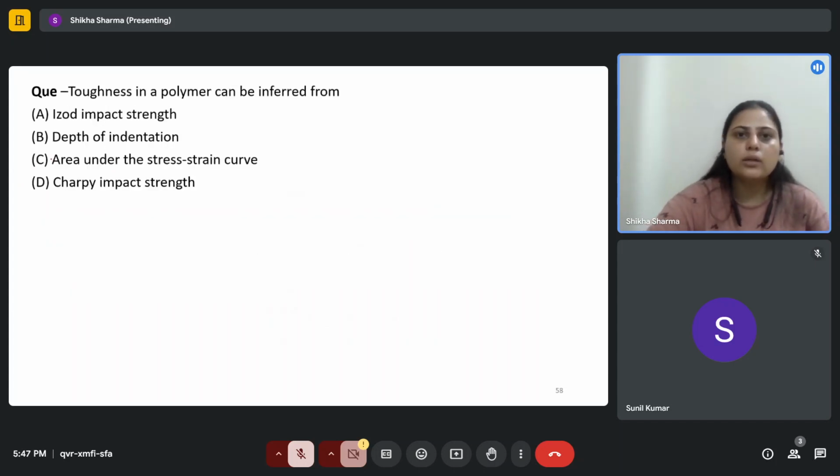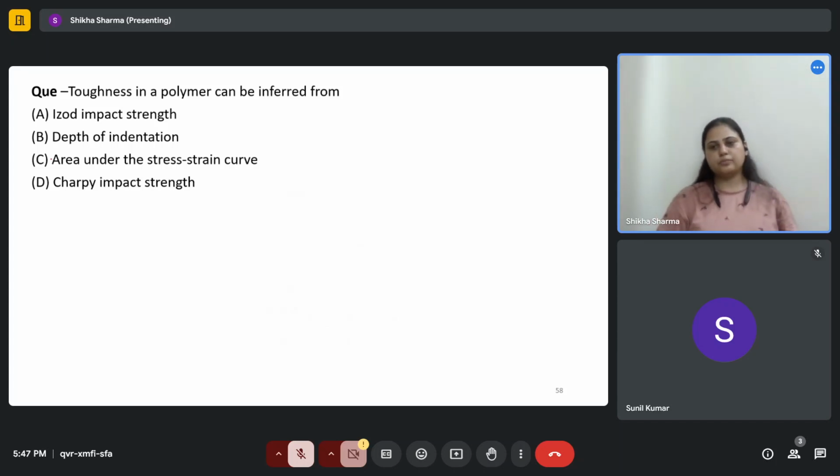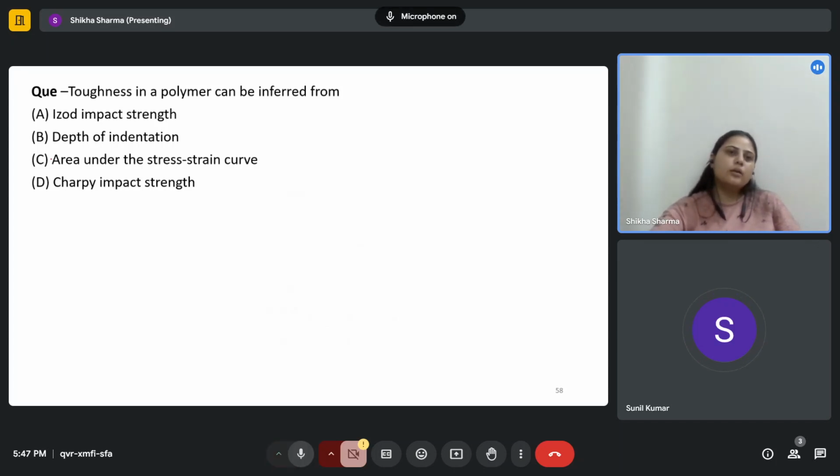Toughness in a polymer can be inferred from Izod impact strength, depth of indentation, area under the stress strain curve, Charpy impact strength. Which can we use to calculate toughness?